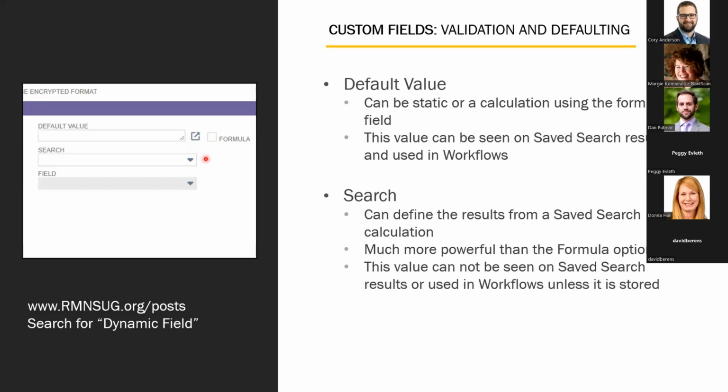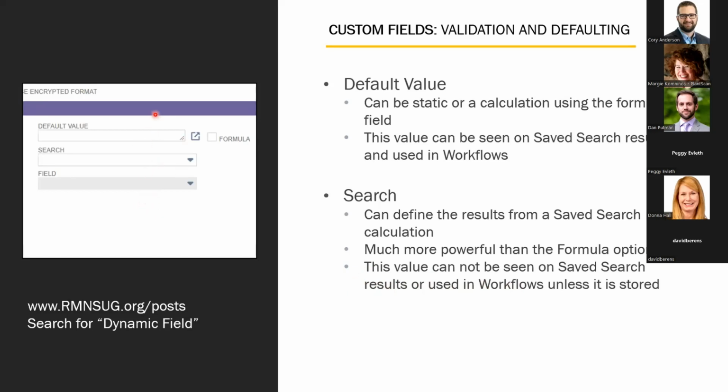So you could do a basic calculation, like customer balance times a specific number, whatever your business use case is. But if you use a Saved Search, you can do obviously much more complicated calculations via formulas in the Saved Search. This value cannot be seen on the Saved Search results or used in workflows unless it is stored.